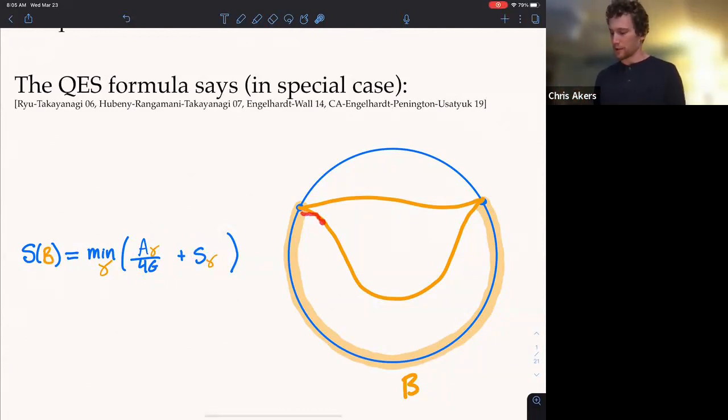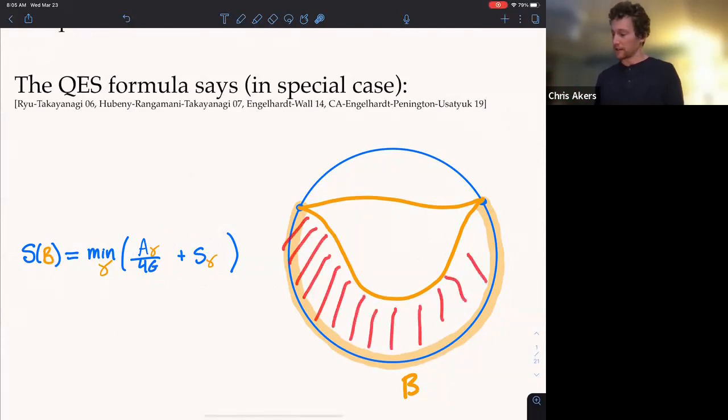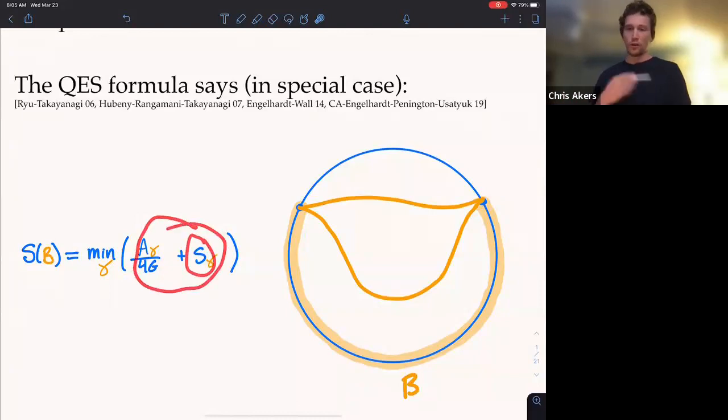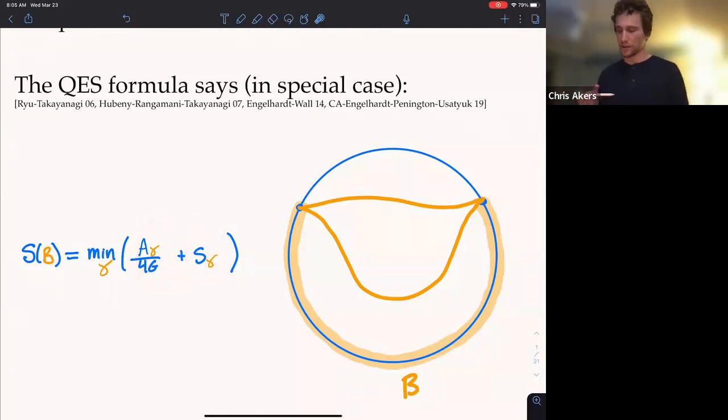So for this surface, that means the von Neumann entropy of the fields, the bulk fields like the graviton and the scalar field or whatever is in the AdS theory, between that surface and the boundary subregion B. That goes here. You add those together, that gives you the so-called generalized entropy, which is some nice dimensionless number.